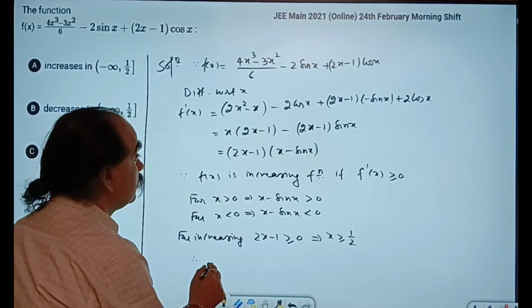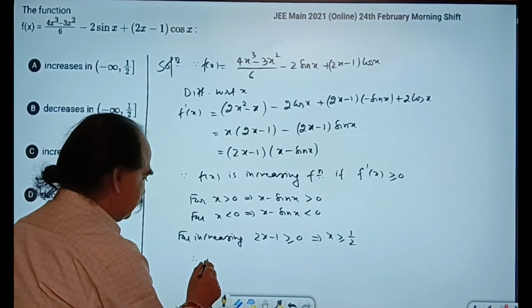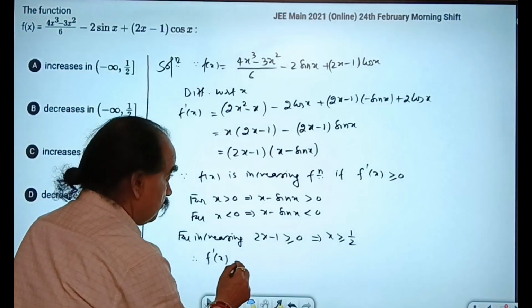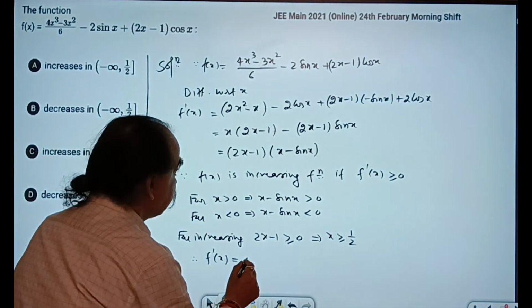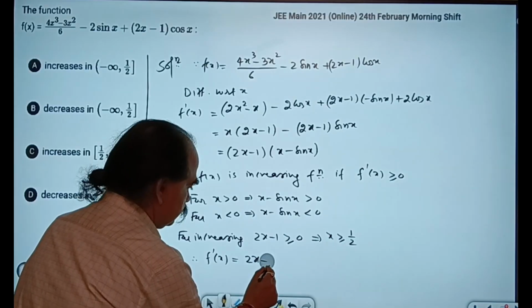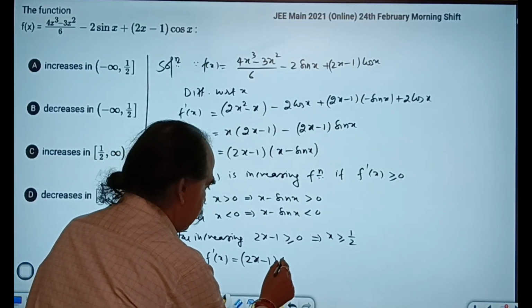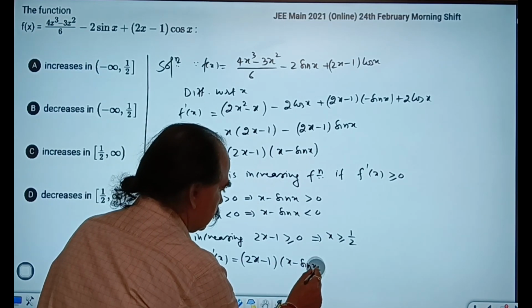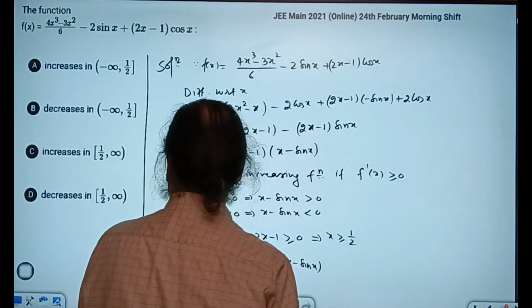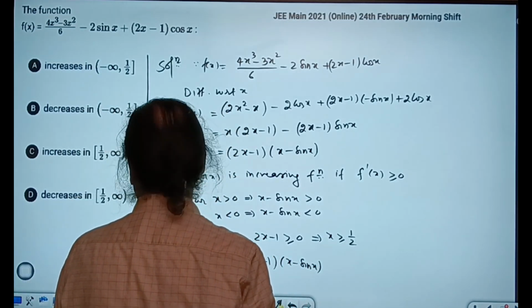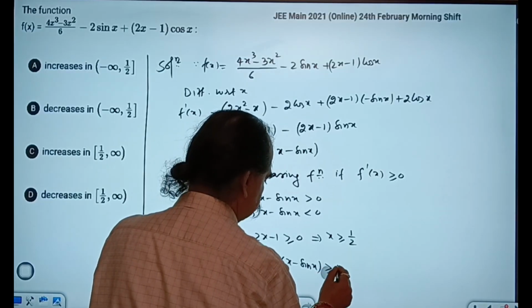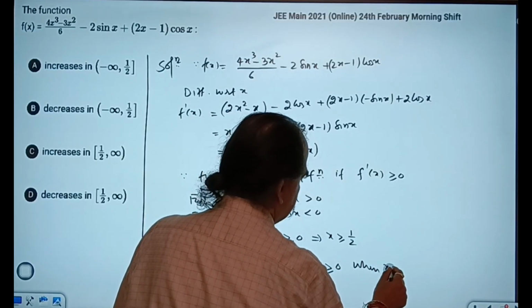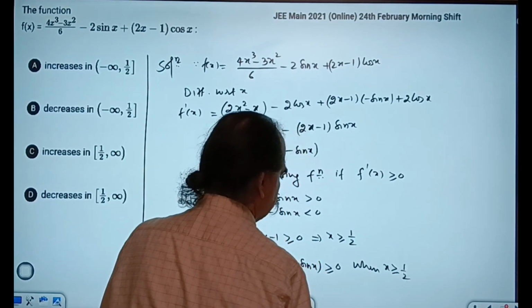Therefore, f dash x, which is 2x minus 1 into x minus sin x, is greater than or equal to 0 when x is greater than or equal to 1 by 2.